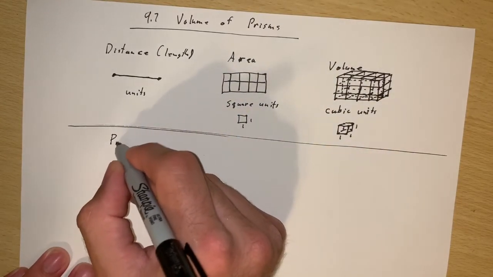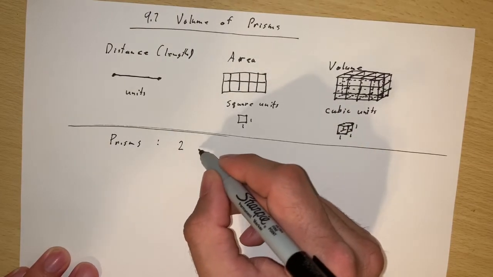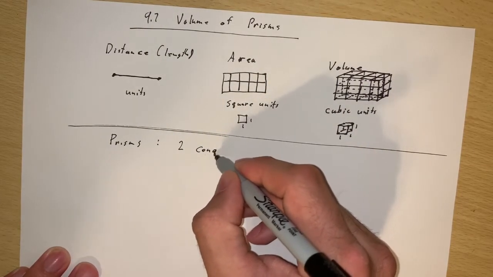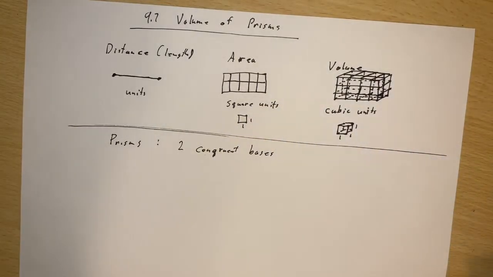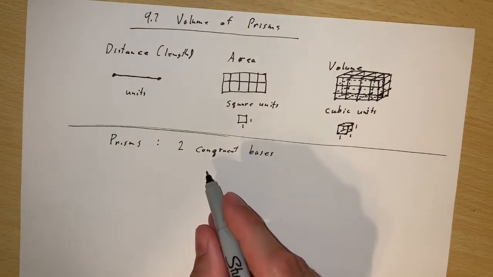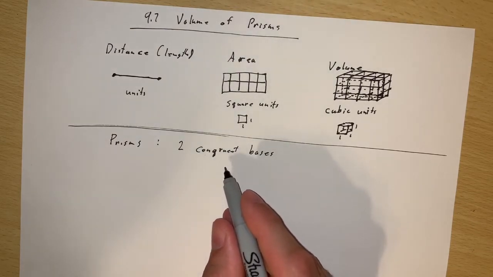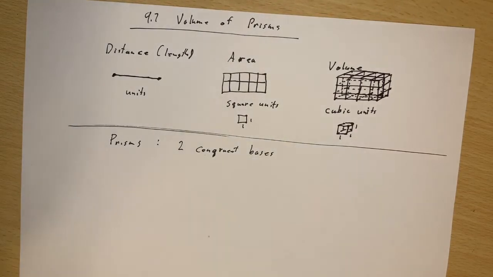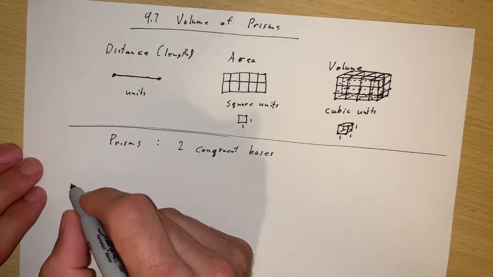First, going back to what prisms are, prisms have 2 congruent bases. So a triangular prism is a prism that has 2 triangle bases, and those 2 triangle bases are congruent. A rectangular prism has 2 rectangle bases that are congruent. So a triangular prism might look like this.